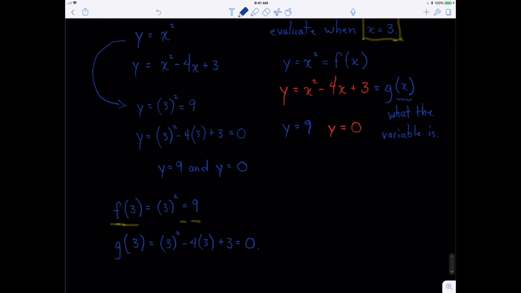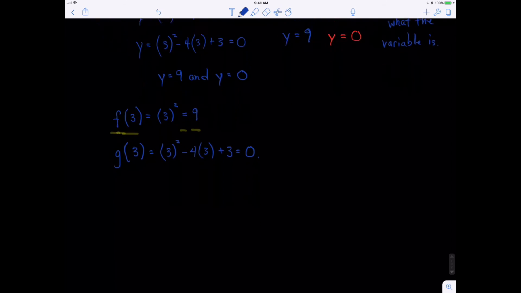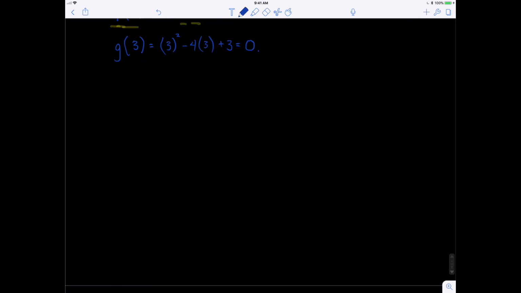So let's try a few examples. Suppose I have three functions. This is a new f, we're going to call f of x, and this equals x squared plus x minus 4. We have another one, we'll call it g of x, and we'll give it the square root of x.